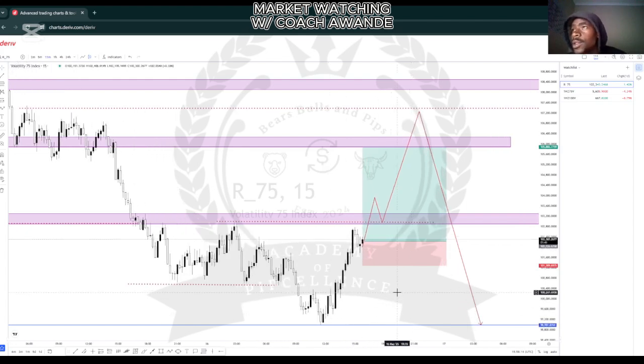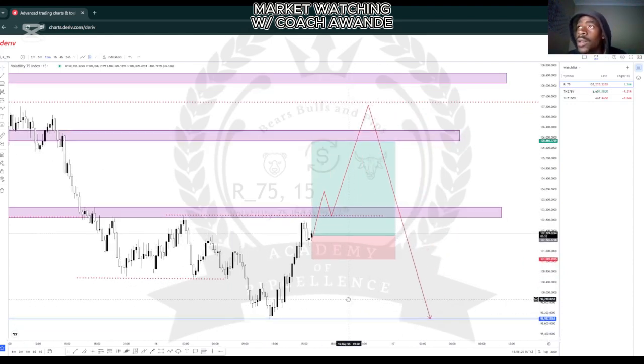Nothing is guaranteed. We know that nothing in the markets is guaranteed, guys. Always remember that. So for Volatility 75, this is what we're looking at for now, and I will update you guys as the trade progresses.